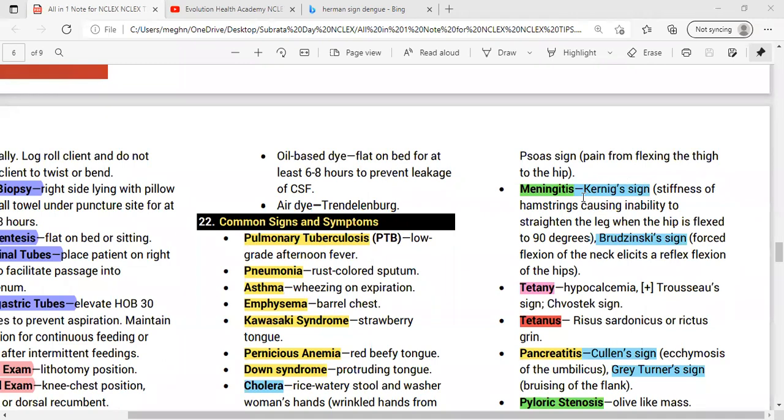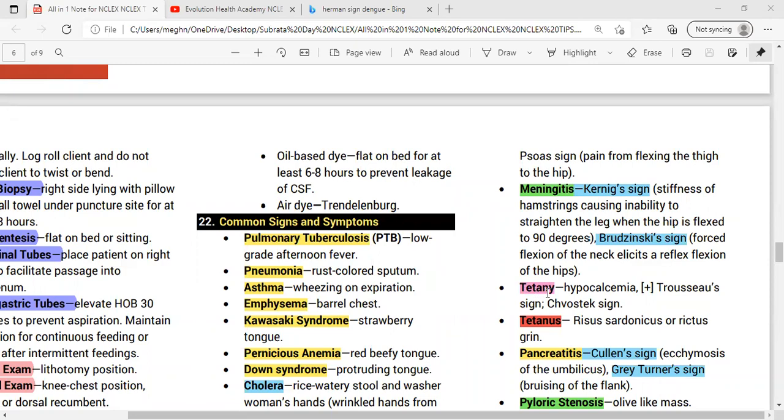Kernig's sign means stiffness in the hamstring, causing inability to straighten the leg when the hip is flexed. Brudzinski's sign is forced flexion of the neck, causing flexion of the hip. So Kernig's sign checks the knee joint, and Brudzinski's sign checks the neck.